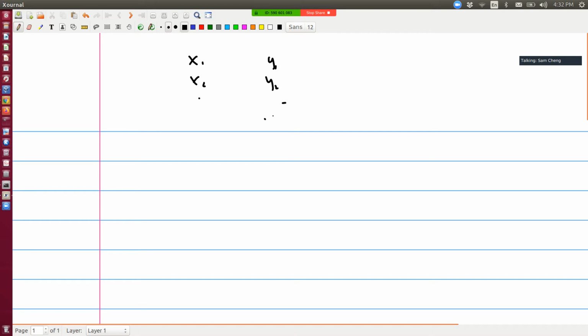Here let's assume the input x is a vector, but y is just a scalar. What we want to train is some kind of model that, with some input x, will get me some output y, right? This model can hopefully be parameterized by some weights, some parameters, let's say w.